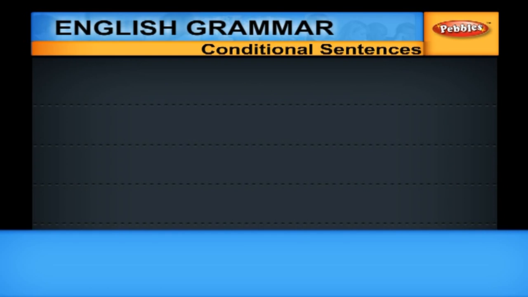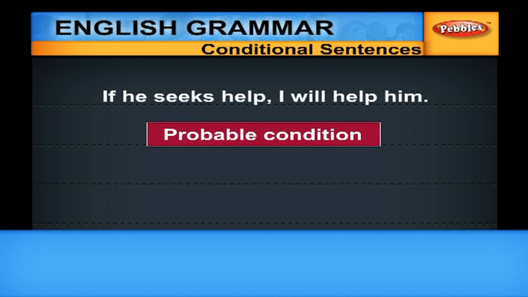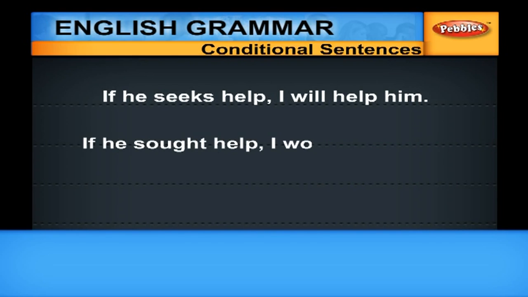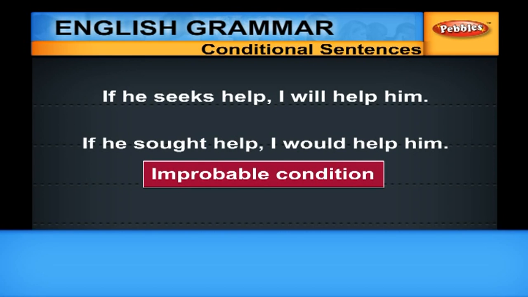Another three combinations. If he seeks help, I will help him. This is probable condition. You simply state a condition, and if the condition is fulfilled, you will help him. If he sought help, I would help him. This is an improbable condition.